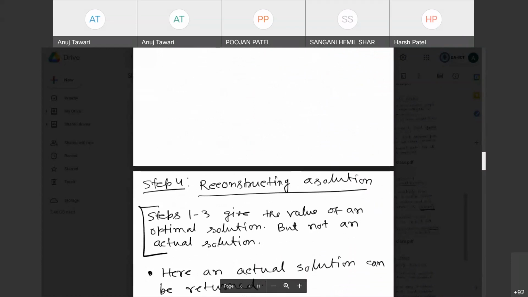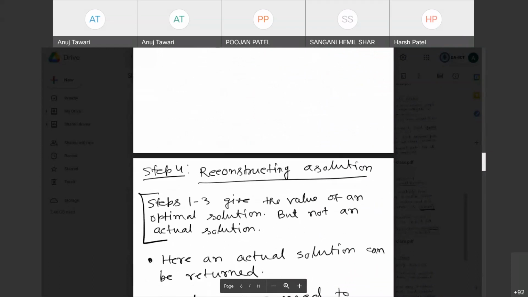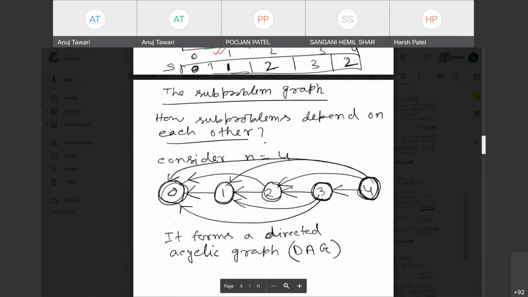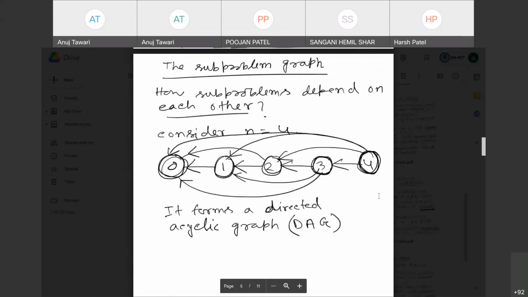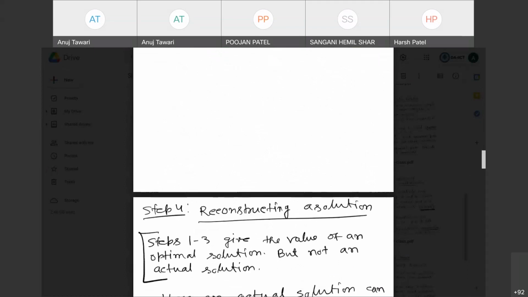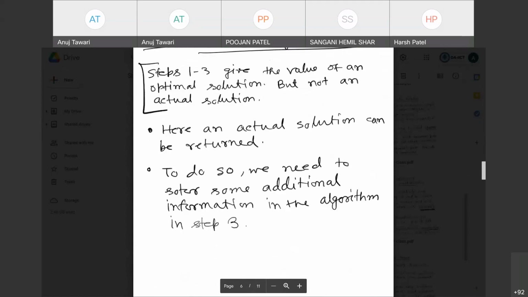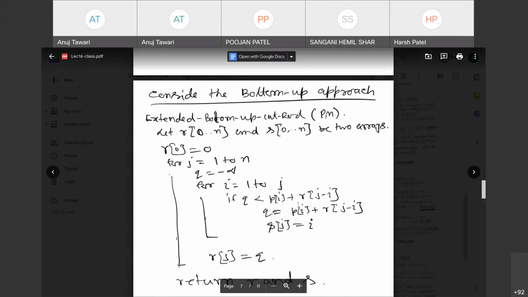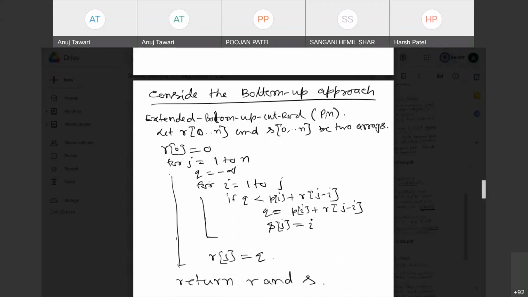With some minor modifications, so this particular thing just gave you the maximum revenue. We don't know which parts you should cut. That also you can figure out via some small modifications. In this algorithm, R0 equal to 0, then we set q to minus infinity, if q is less than p_i plus r_(j minus i), then we set q to p_i plus r_(j minus i). And this is the first cut.